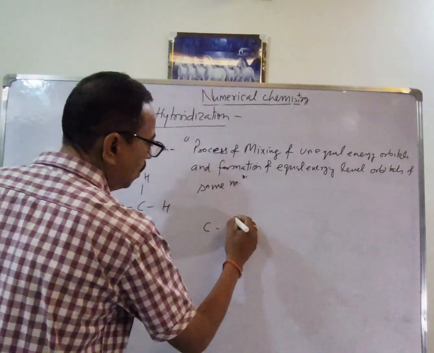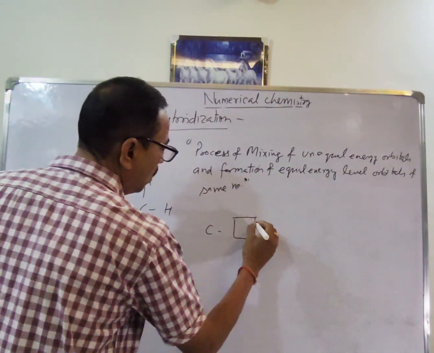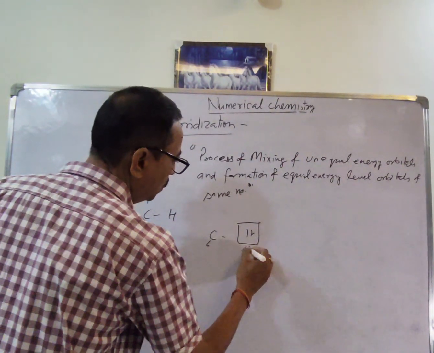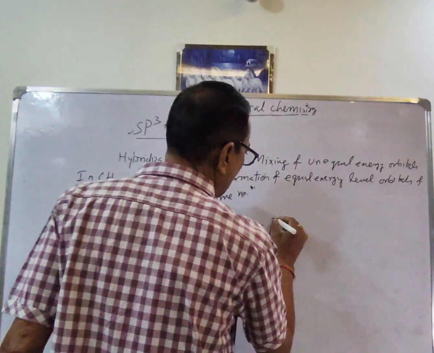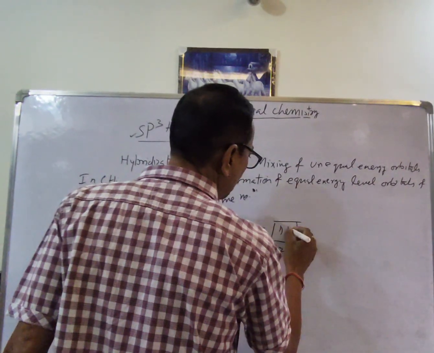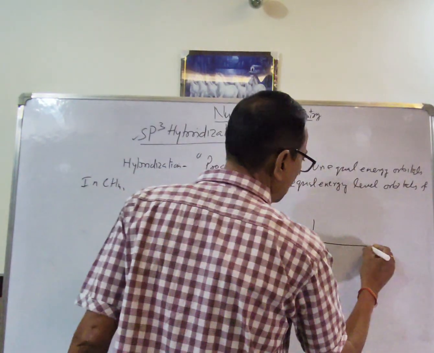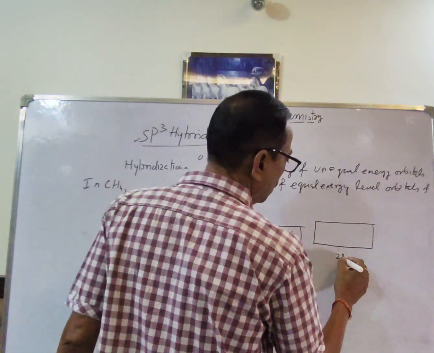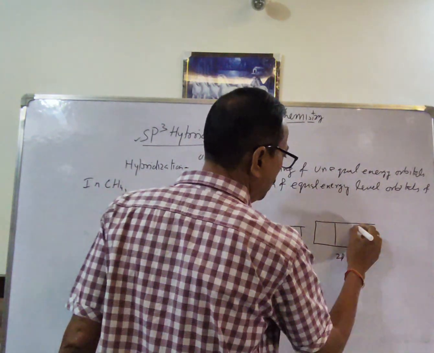Carbon, you know, has atomic number 6: 1s2, 2s2 and 2p2.